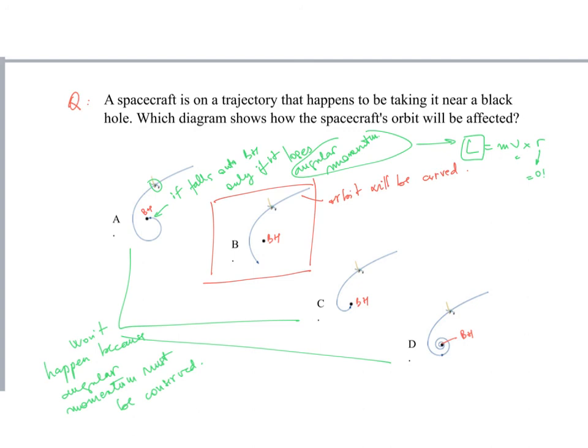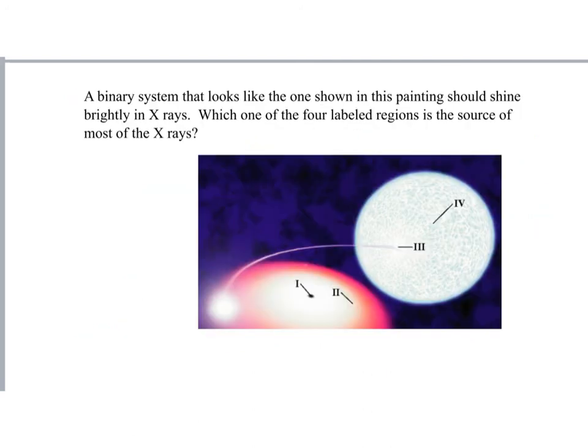So that's why, again, black holes don't suck. They're going to curve your orbit, but that's about it. You have to be really, really close to the black hole in order to be sucked in. So basically very close to the event horizon, which is going to be very unlikely given how small that event horizon is going to be for a black hole.